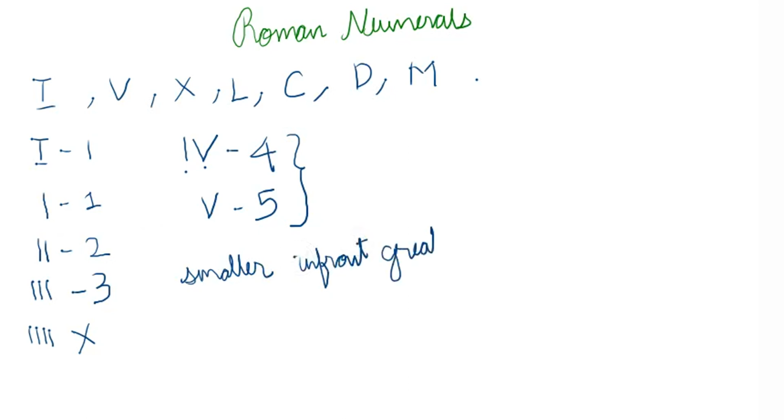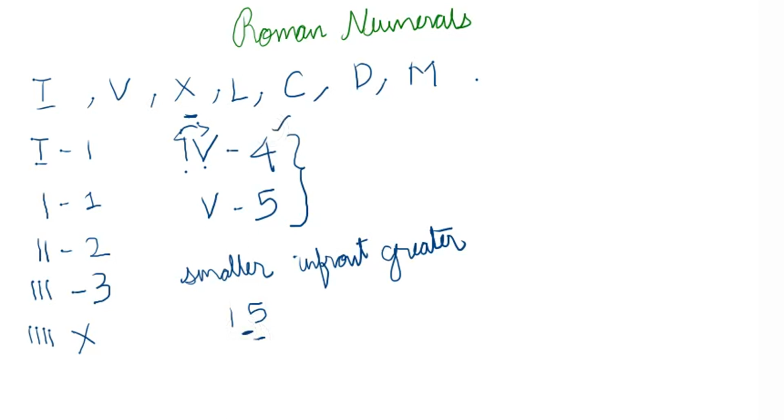Can you guess? We are using the arithmetic operation, subtraction. This is 1 and this is 5. So we have subtracted 5 minus 1, and that represents 4.